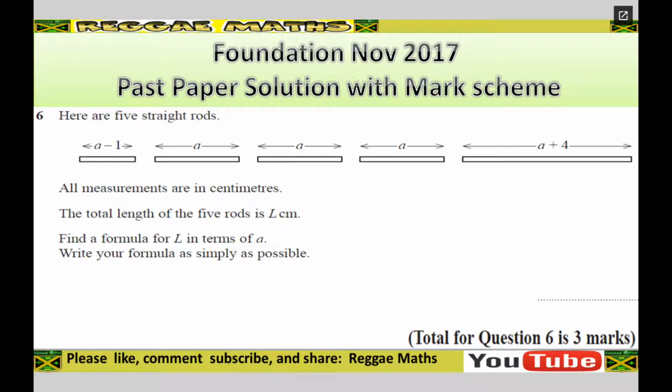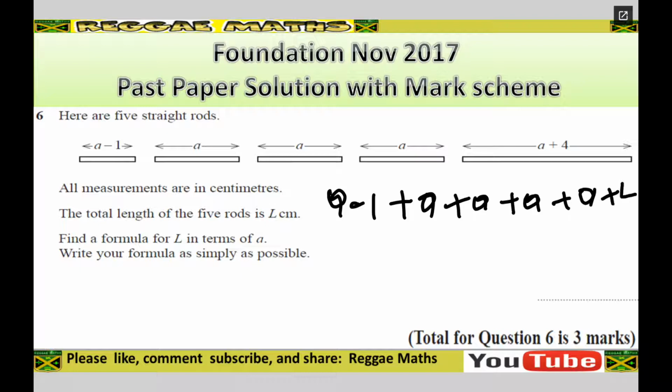What does total mean? Add. So we got a minus 1 plus a plus a plus a plus a plus 4. So the key thing here is collect like terms.